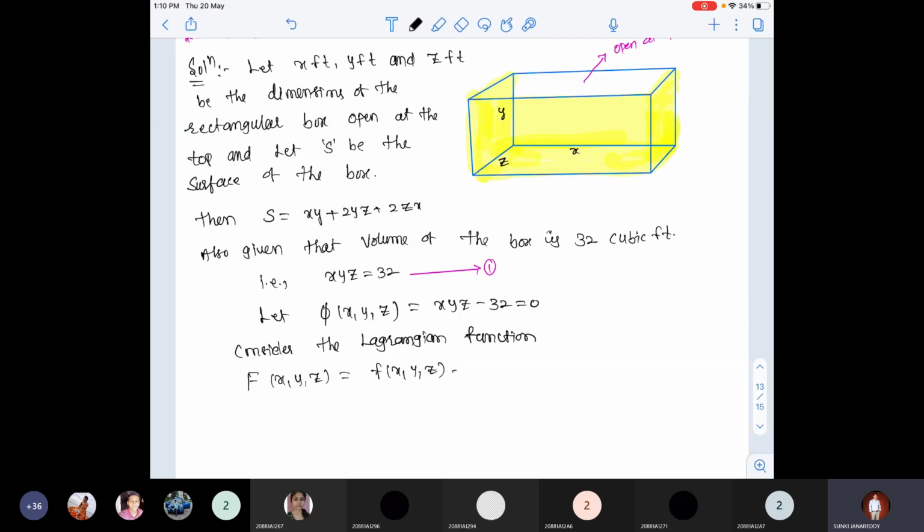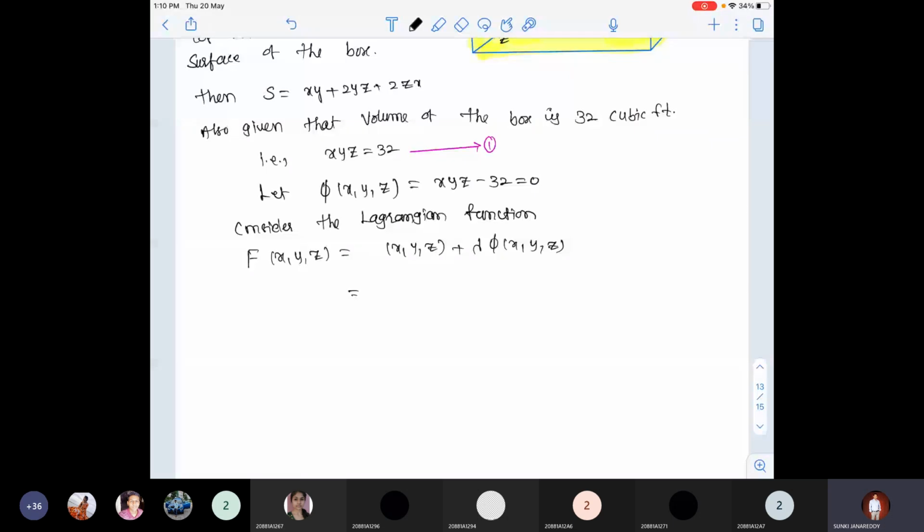Here now, what is the surface area? All of you listen to me, in place of f you should take S, because we have taken the S of x comma y comma z function. So xy plus 2yz plus 2zx plus lambda into xyz minus 32.